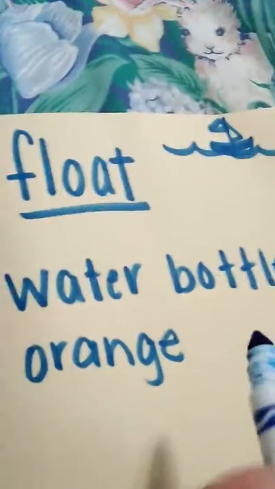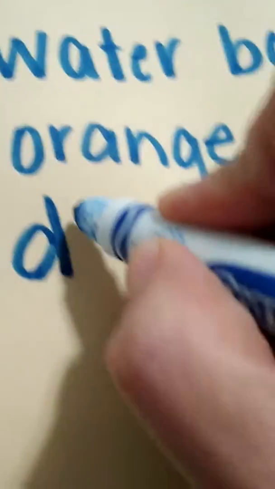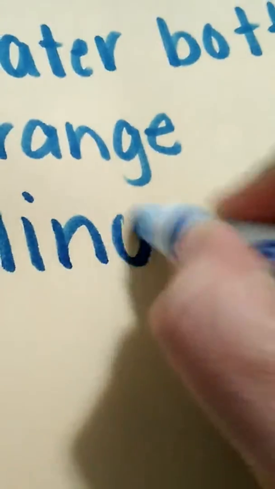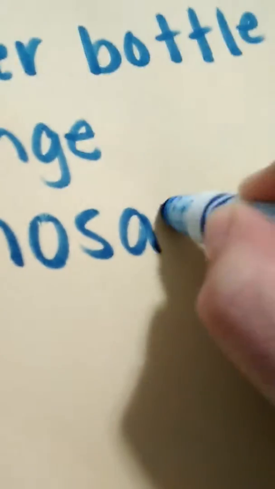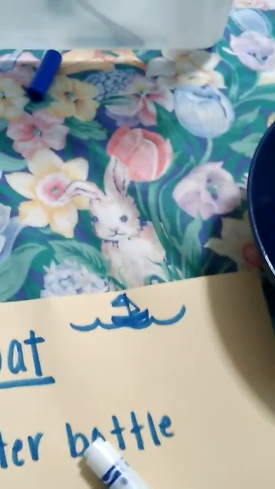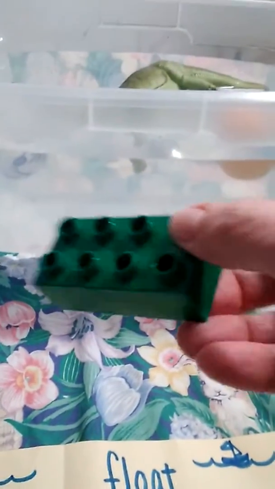So the dinosaur floats. So I'm going to put over here. Remember, this word says sink. This says float. So I'm writing dinosaur. Okay, I have got a green Duplo block, just like the ones we have at school.